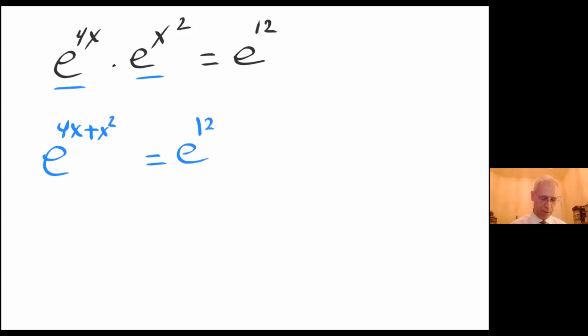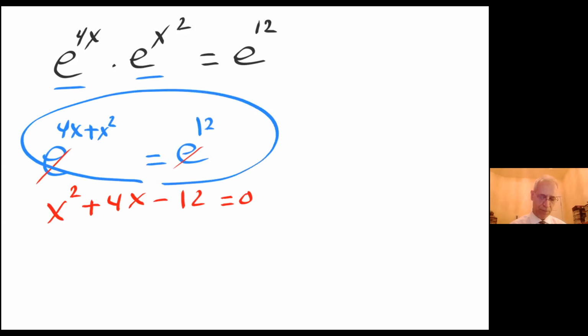So same base, drop this, I get x squared plus 4x minus 12 equals 0. And why is that? Because from here, if you drop the e, you would get 4x plus x squared equals 12. So subtract 12 from both sides, put them in order from highest power to the lowest power.